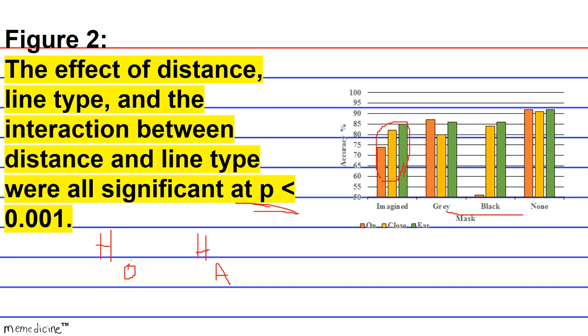The p-value is always going to be a number between 0 and 1, and it's interpreted in the following way. A small p-value, typically less than or equal to 0.05, indicates strong evidence against the null hypothesis, okay?